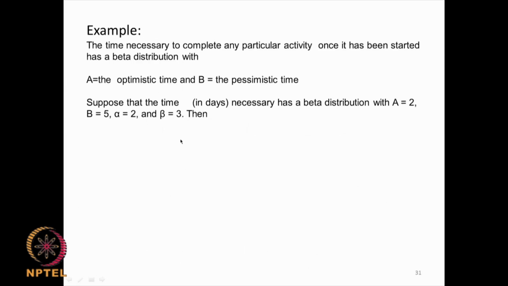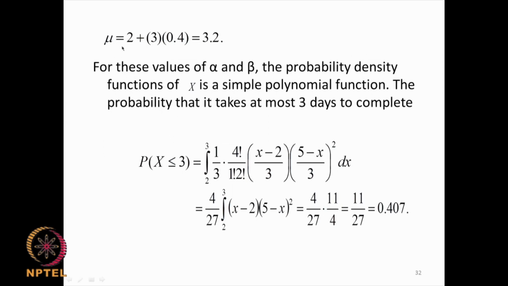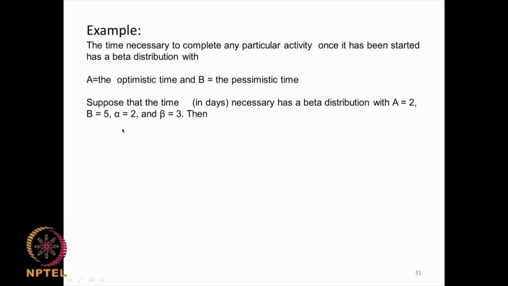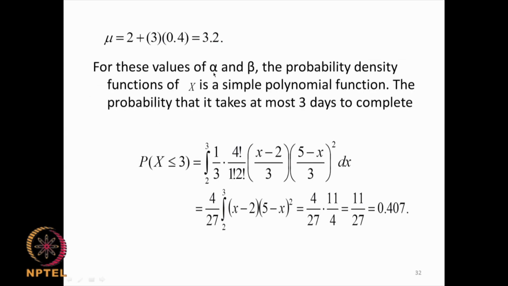Okay. So, let us look at an example. Time necessary to complete any particular activity once it has been started follows a beta distribution. Suppose A is the optimistic time, given as 2 days, B is the pessimistic time given as 5, alpha is equal to 2, beta is equal to 3, then the mean will be 3.2. That means on an average it will take you 3.2 days to complete the task. Now, for these values of alpha and beta, the probability density function of x is a simple polynomial, because if you substitute the cumulative distribution function like this, okay.